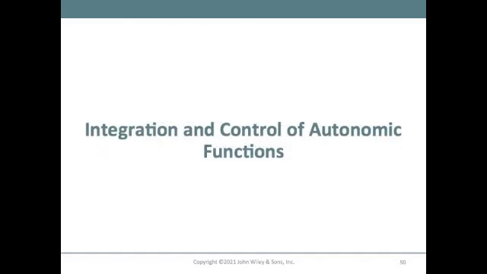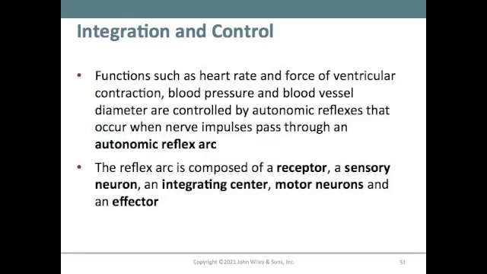Okay, integration and control of autonomic functions. Functions such as heart rate and force of ventricular contraction, blood pressure, and blood vessel diameter are controlled by autonomic reflexes that occur when nerve impulses pass through an autonomic reflex arc. The reflex arc is composed of a receptor, a sensory neuron, an integrating center, motor neurons, and an effector.